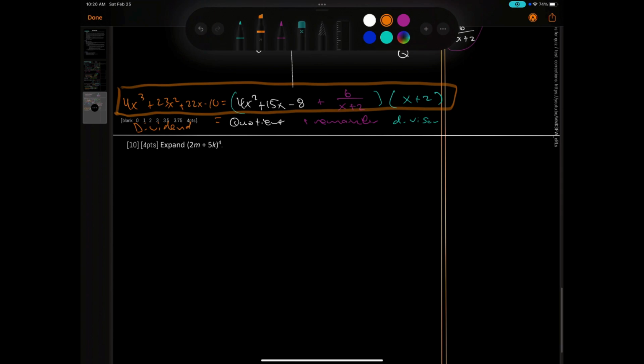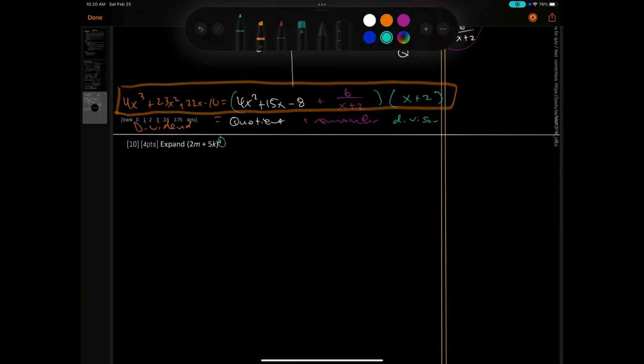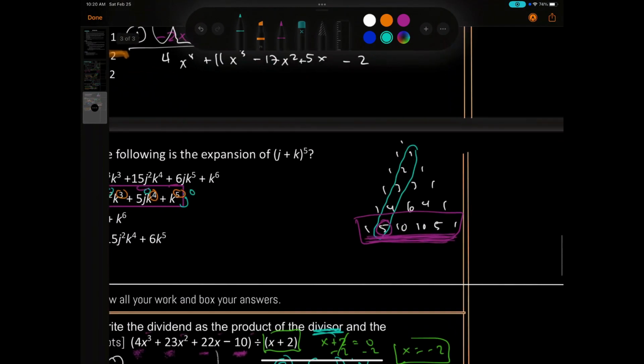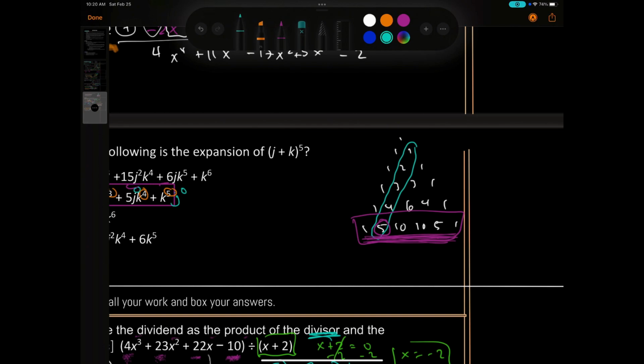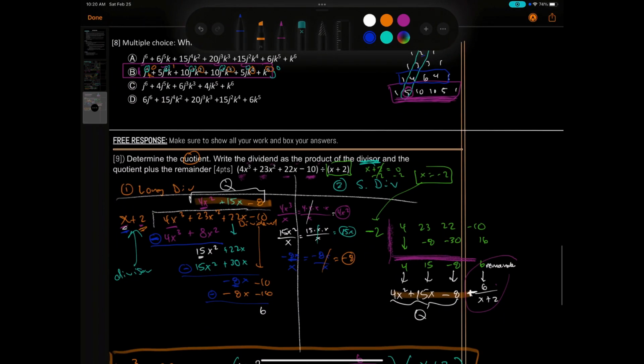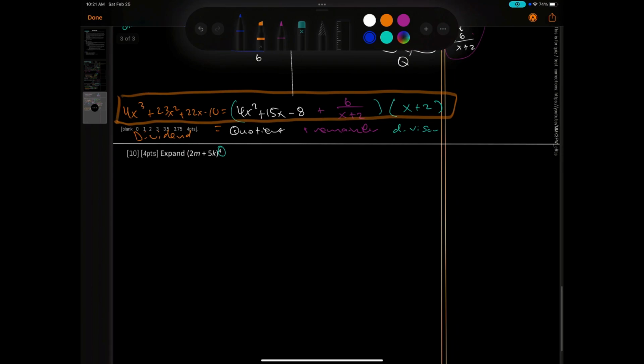Okay, we need to expand, and I'm just going to go back up to the previous problem. It's to the fourth. Where did we do it? Here it is. So we need something to the fourth. So this is the nth power. So 1, 2, 3, 4. So I'm going to use 1, 4, 6, 4, 1.